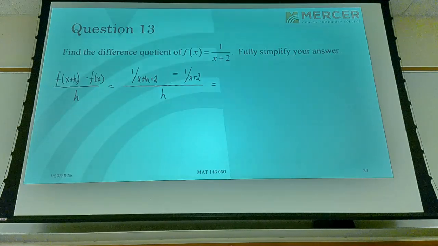So here we have a compound fraction, also called a complex fraction. What was the rule for simplifying compound fractions?